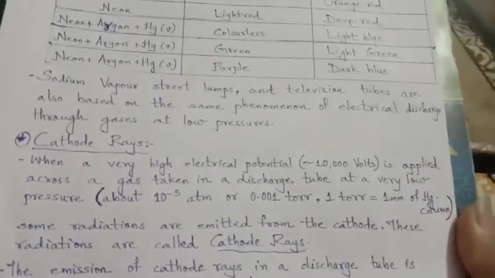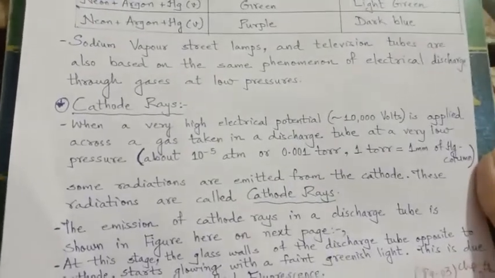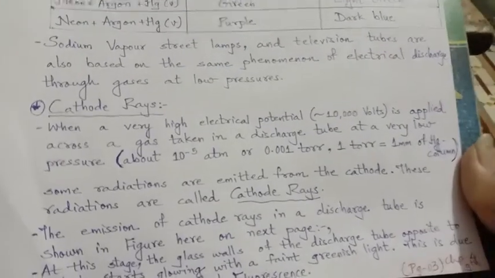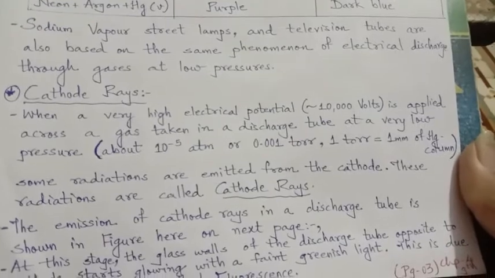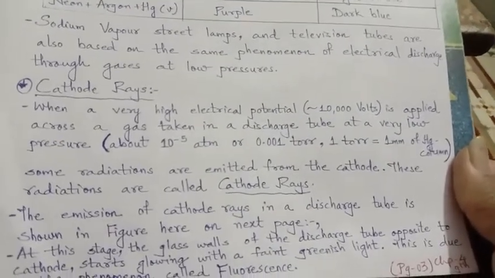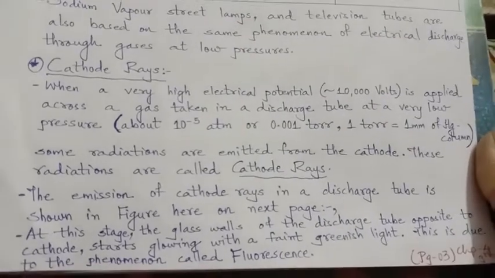Right? So this is what the discharge tube is giving us, and these electrical rays which are originated or emitted from the cathode in the discharge tube are called cathode rays.